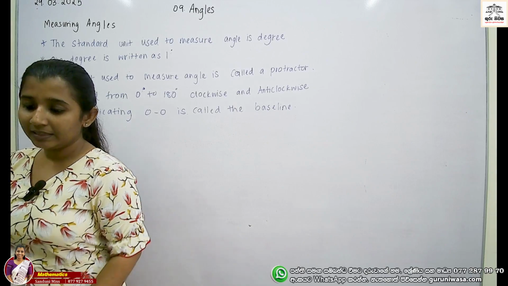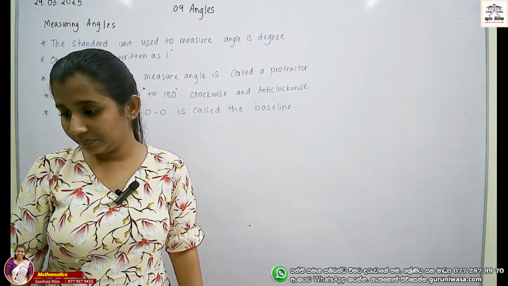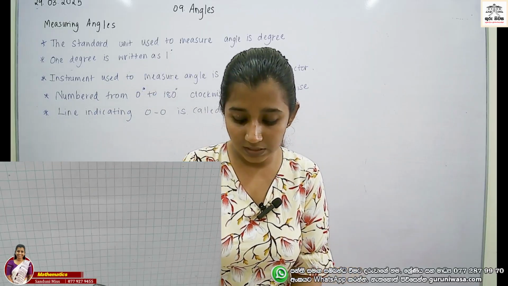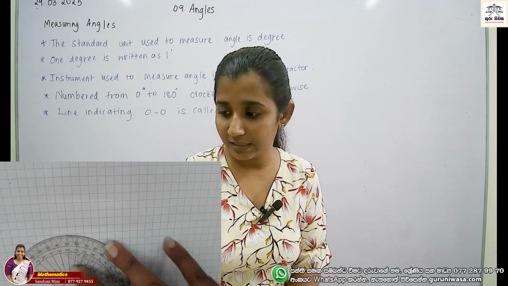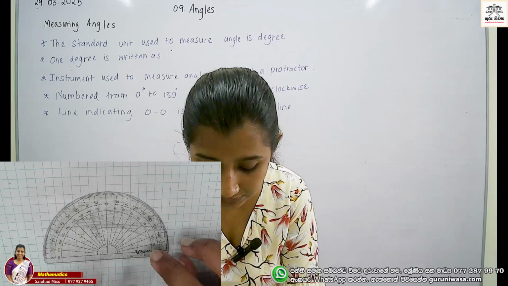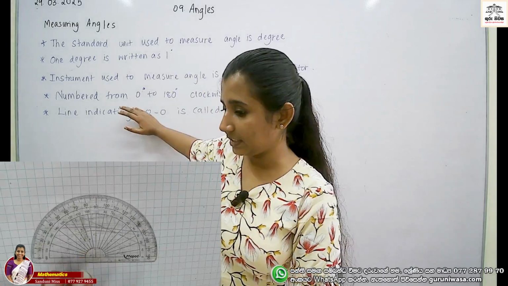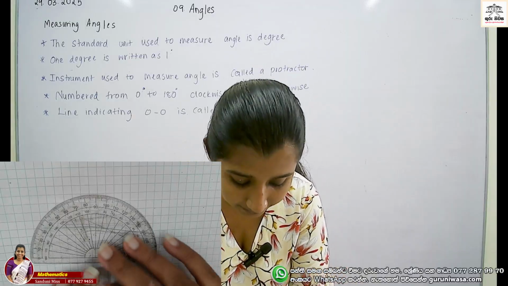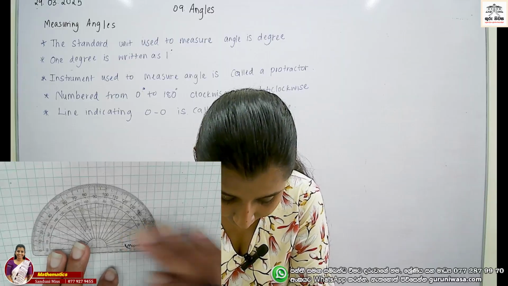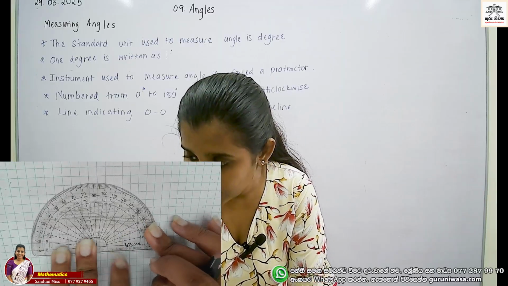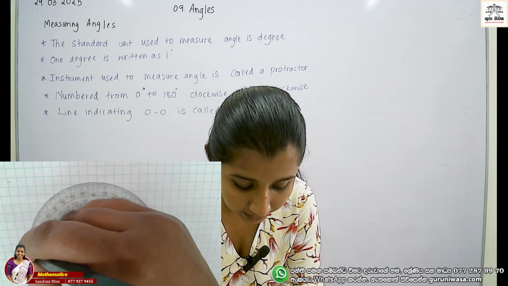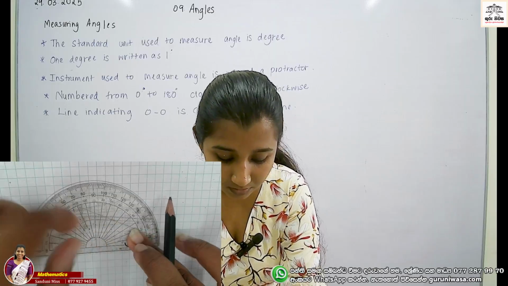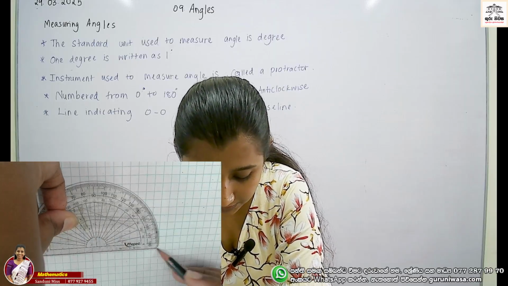Then keep your protractor on the book. After writing this, on the next page, keep your protractor and trace it.